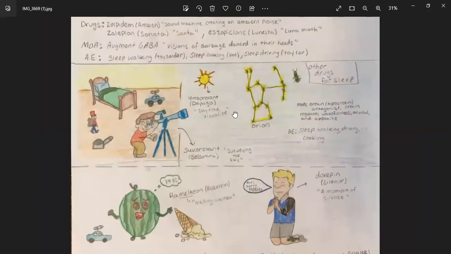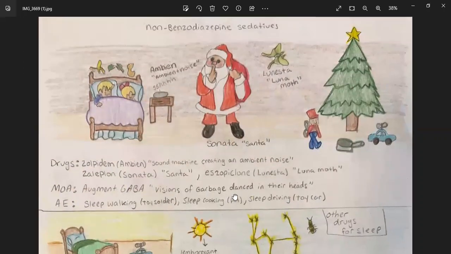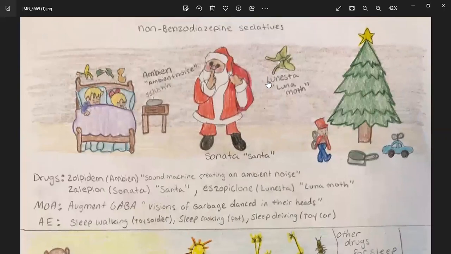Moving on to more drugs that are for sleep, but no longer benzodiazepines, we have the scene on the night of Christmas. So we have Santa, and we have these children nestled all snug in their beds with visions of garbage dancing in their head. And that is because the MOA is the same as a benzodiazepine, but it's not.